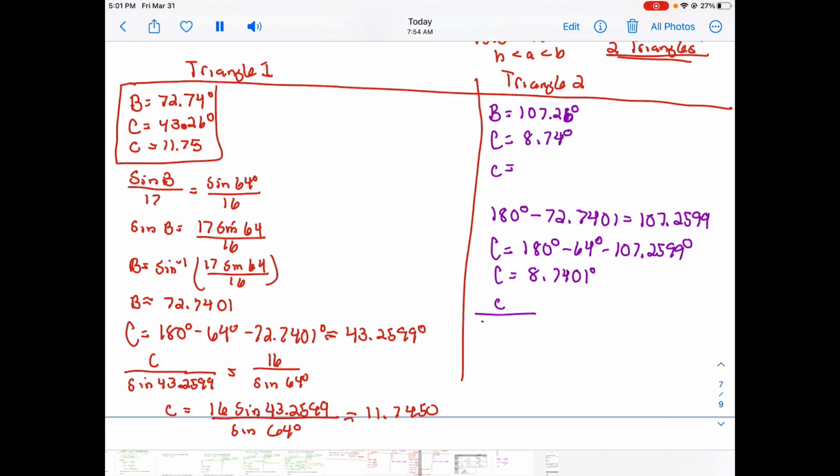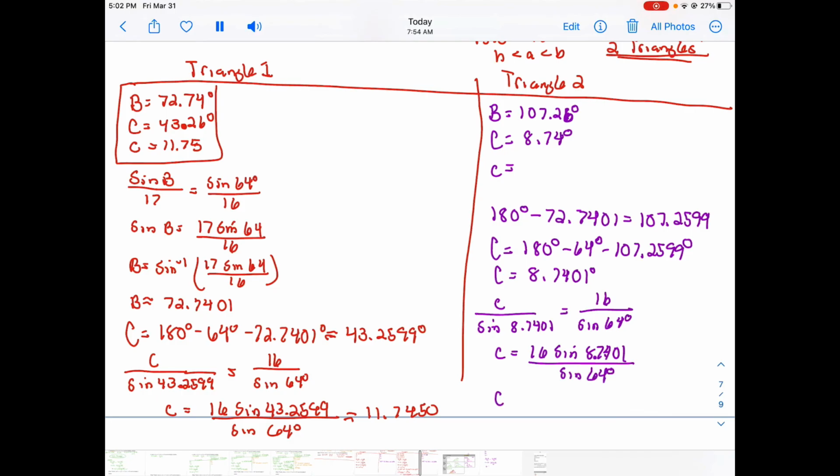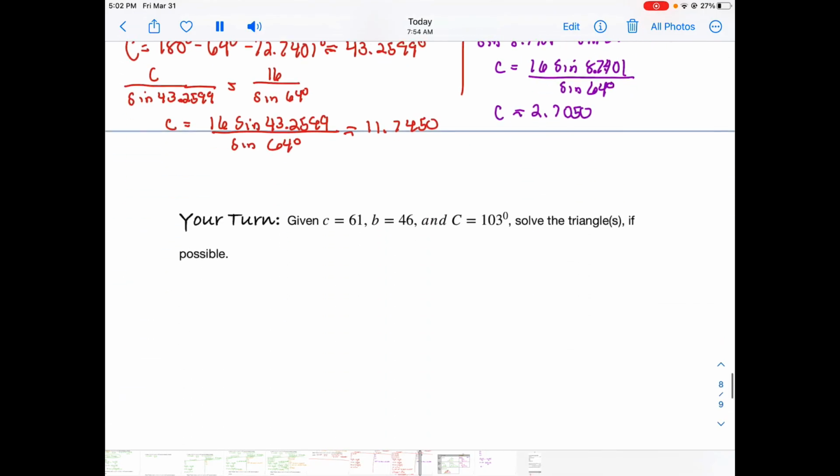Using the law of sines to find our missing side C, we get that side C is approximately 2.7051, or 2.71. That's how you solve if you're given two triangles.